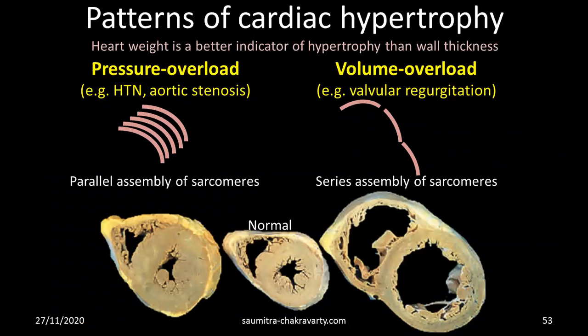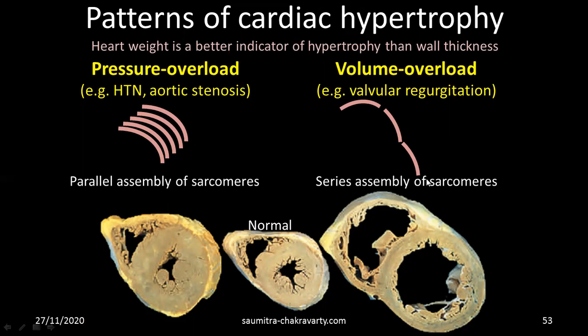And the patterns of cardiac hypertrophy can be due to pressure overload or due to volume overload. If it is due to pressure overload, the sarcomeres are arranged in a parallel pattern, causing the wall thickness to increase. If it's volume overload, mostly in right-sided hypertrophic heart disease where we see heart failure also, the sarcomeres are arranged back to back.